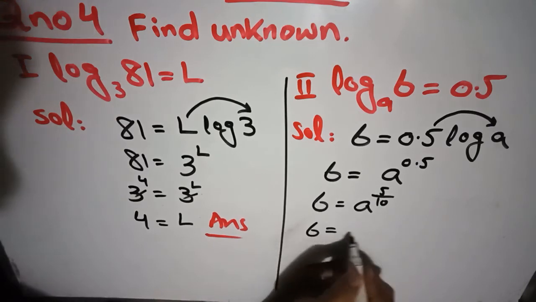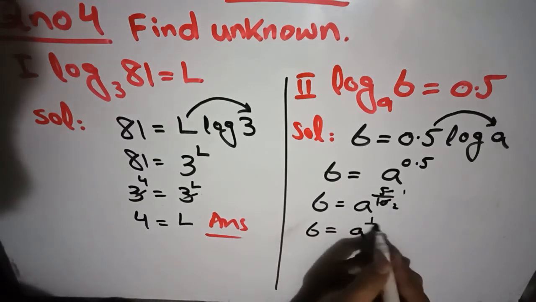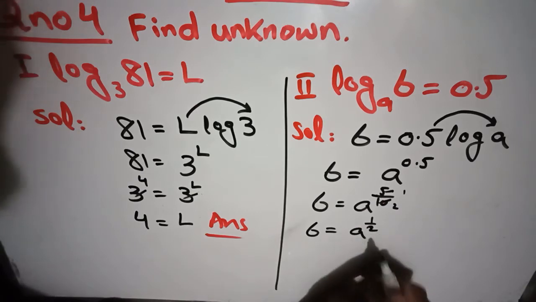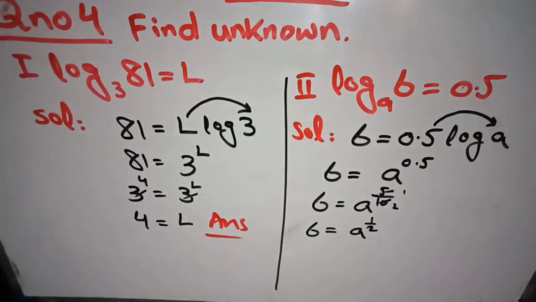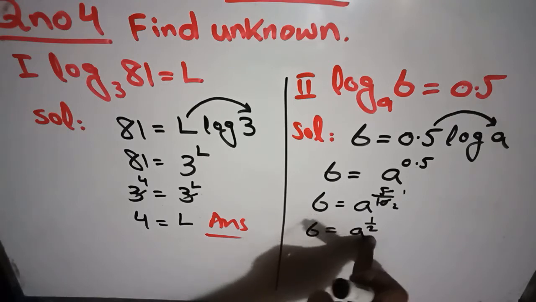In the next step, by cutting, 5 1s are 5, 5 2s are 10, it will be 1 by 2. So here I do not need a to the power 1 by 2. I only want to find the value of a. So I have to cut this power.